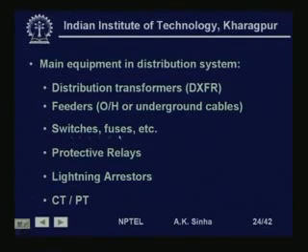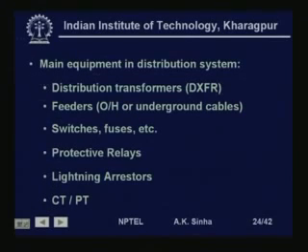We have again switches, fuses, etc. These are again the protective devices which are used. Protective relays are there in case of a fault. They operate to isolate the part of the system so as to maintain the system in a proper way, as well as not to endanger the system operation or cause fire, etc.